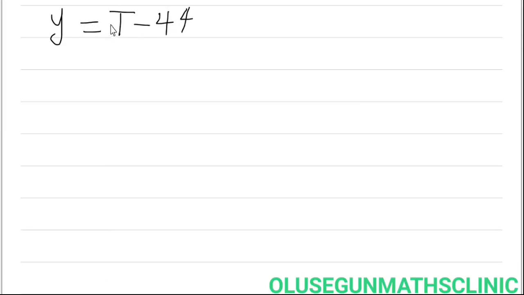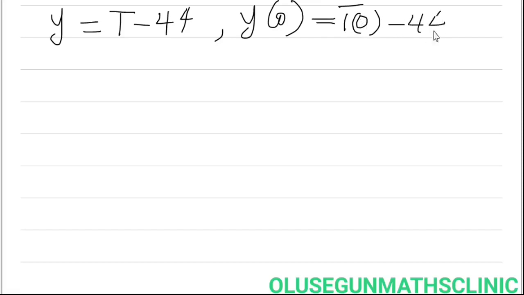The change will occur to the variable, but the surrounding temperature 44 must be subtracted from the real temperature. So the initial value of the changed variable is the initial temperature minus 44.